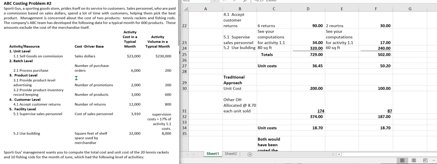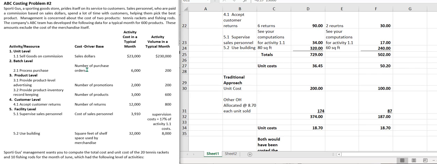So it's set up a little bit differently here, but I like the idea of having everything broken down between, first of all, unit level costs, and product batch level costs. Processing purchase orders would be batch level costs.